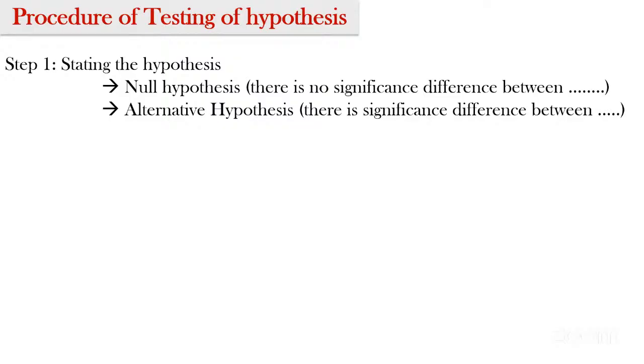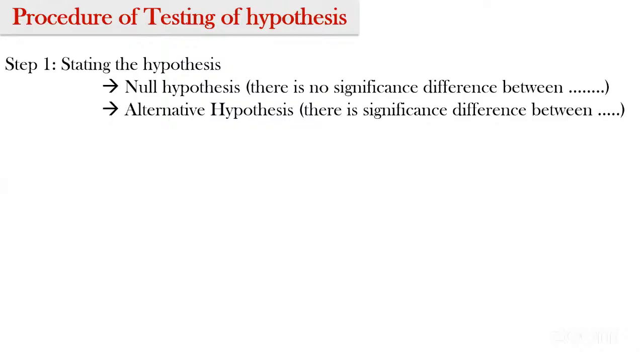The standard way of defining the null hypothesis is assuming it as equal, assuming the parameter of two samples or test to be equal to the hypothetical mean or variance.